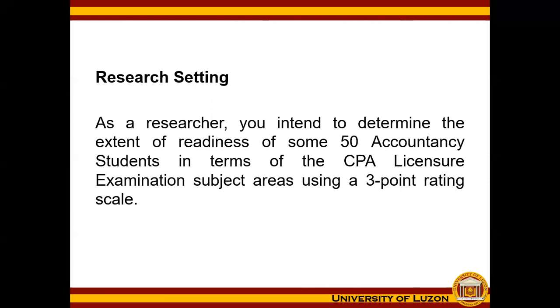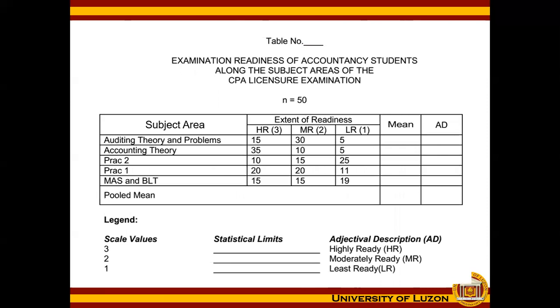Or for business administration, for example, 50 business administration or HRM or tourism students in terms of the results of the examination, part of their program of study, using a 3-point Likert or rating scale. So this is how you will more or less organize your data or present your data in tabular form.